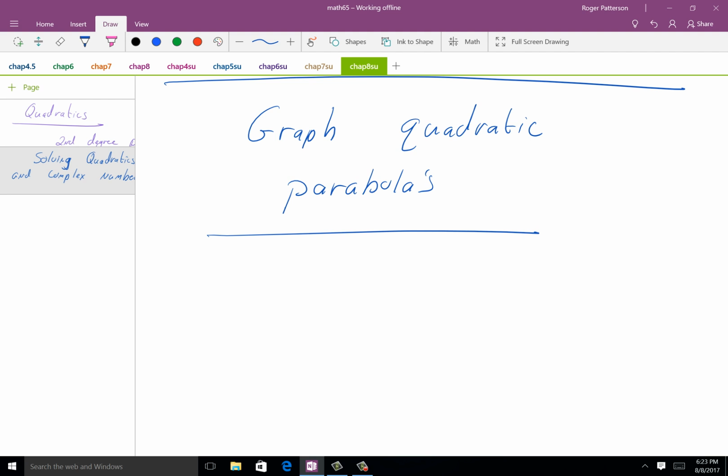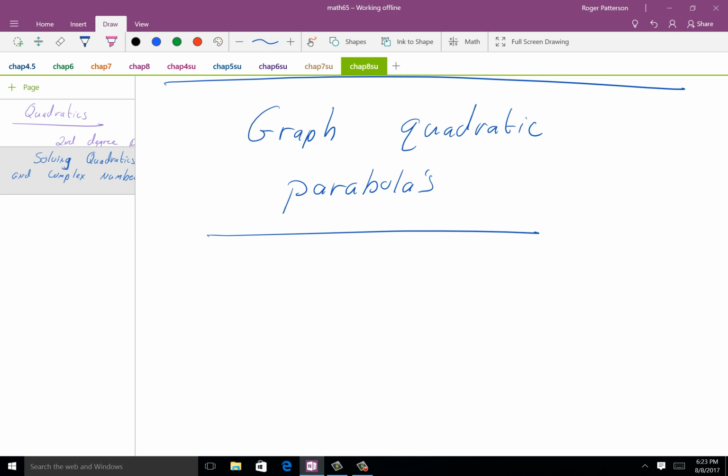That's called the axis of symmetry, because if I folded this over, it's going to match up. So the axis of symmetry goes right down the middle of the parabola. That's the other important thing that they talk about. It goes right through that vertex and divides the parabola because it's symmetric. Called the axis of symmetry.